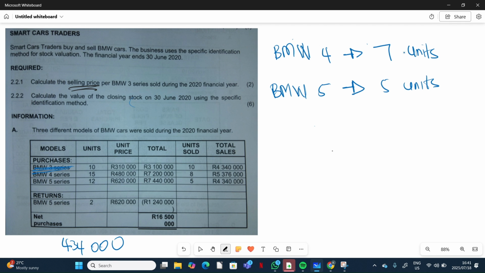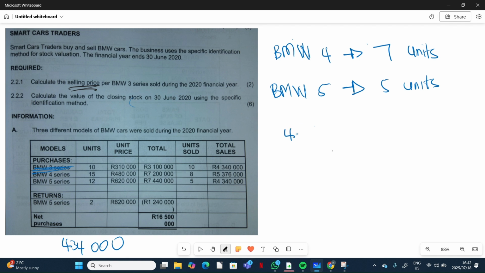Then how do we get that? We need to get now the cost for each and every one of them, right? Each one of them. So now as you can see, they gave us the unit prices.